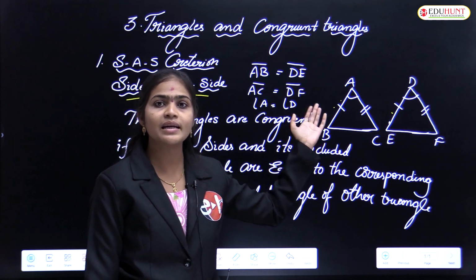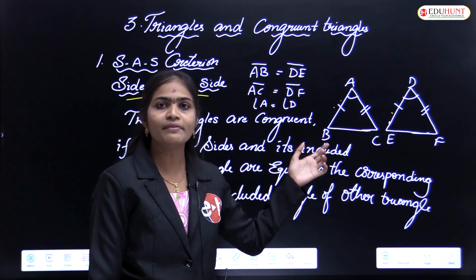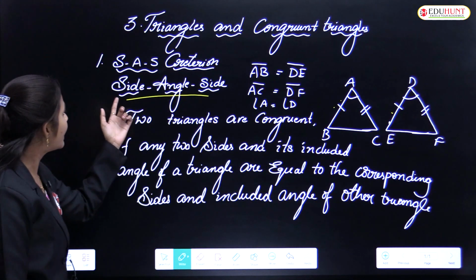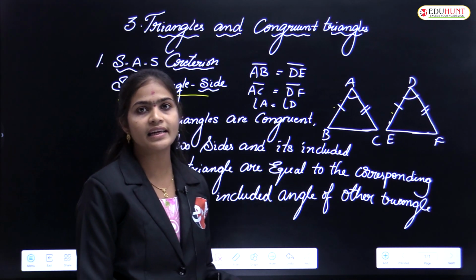If those are the same as in the other triangle, then we can say the two triangles are congruent under SAS congruency, side angle side congruency.